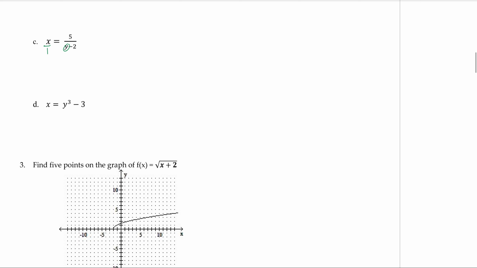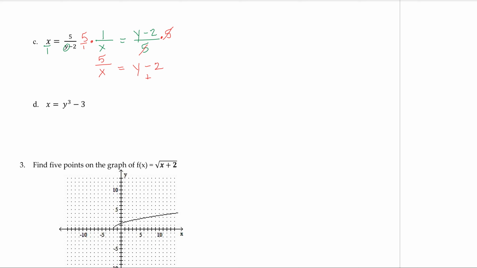So this becomes, instead of an x, a 1 over x. And this becomes y minus 2 over 5. So I flipped both sides. Now what I'm solving for is in the numerator, and then I can quickly solve the problem. I'm going to multiply both sides by 5 to move it to the other side. Remember, this is technically a 5 over 1, so this is going to be a 5 over x equal to y minus 2.